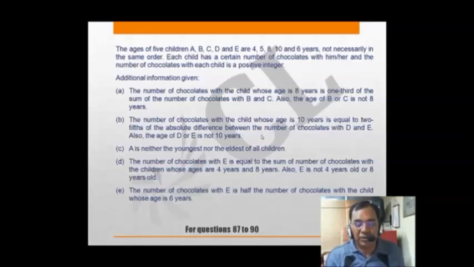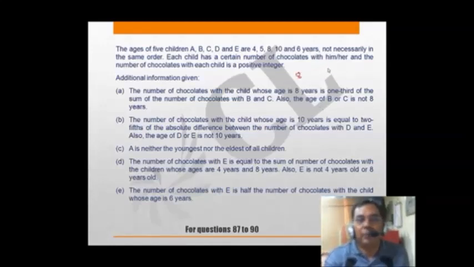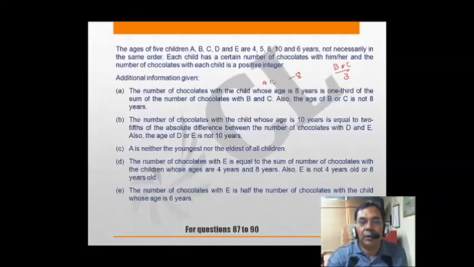So I'll have to start making a chart. The age of A is 1/3 of B plus C by 3, and it can be A, D, E. Chocolates, okay, now the number of the child whose age is 10 years.